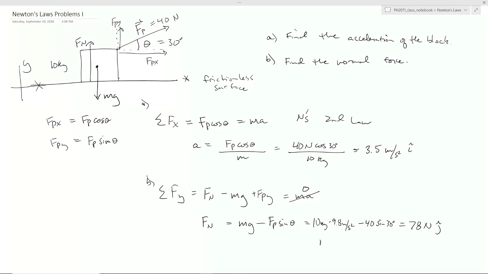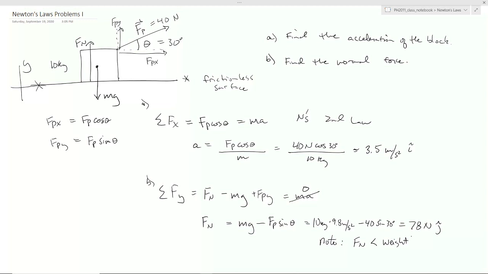And notice this is pointing in the j hat direction. And note, like the other questions that we had looked at, the normal force is actually less than the weight in this situation because there is that component of the pulling force that's directed up. So it's pulling it up a little bit, and so reducing the normal force.